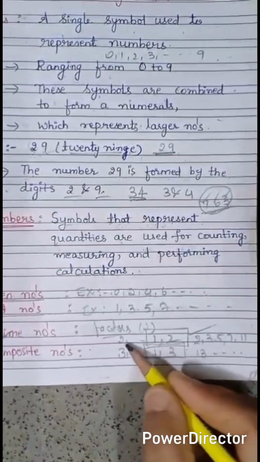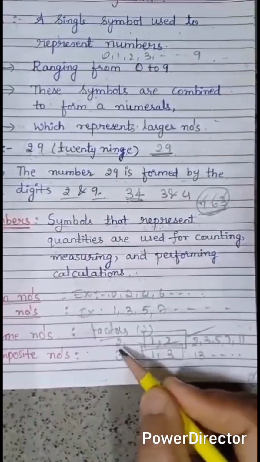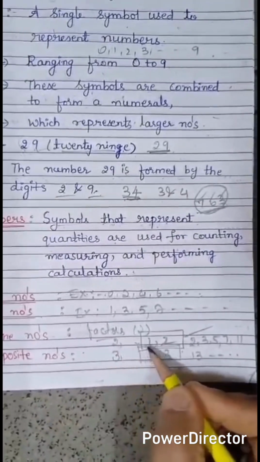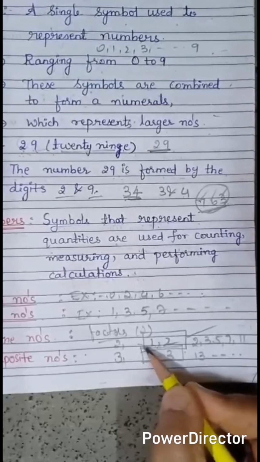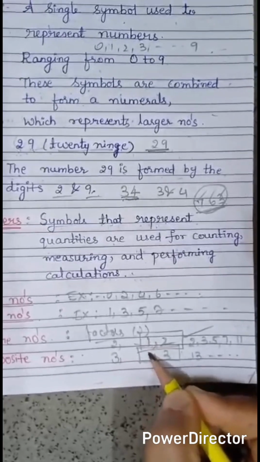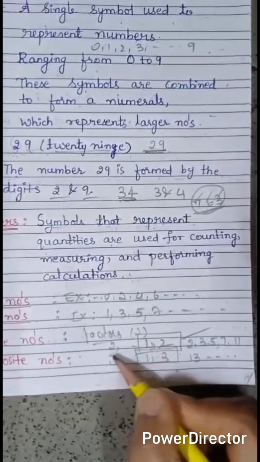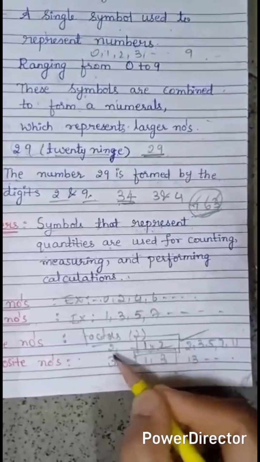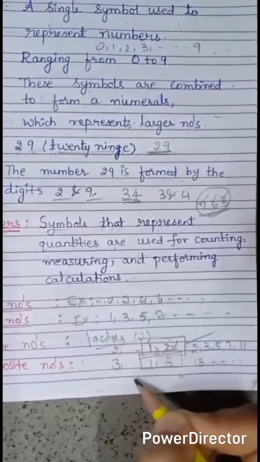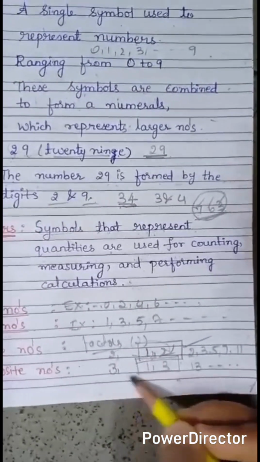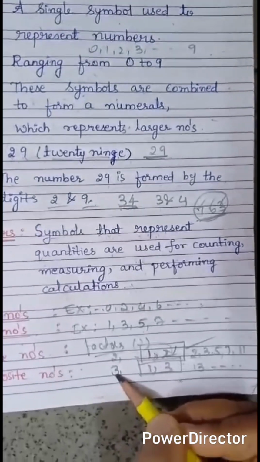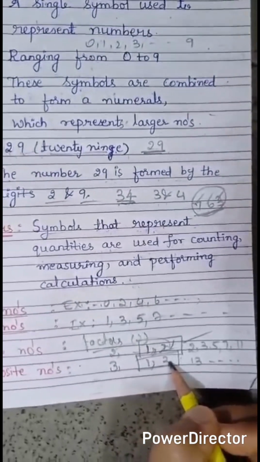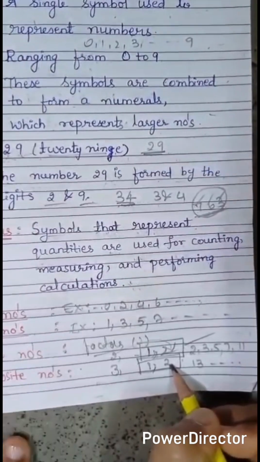Here 1 is the common factor for all the numbers, and the number itself is the other factor. Like 3: 1 is the common factor and the number itself is the factor. Those numbers are called prime numbers.